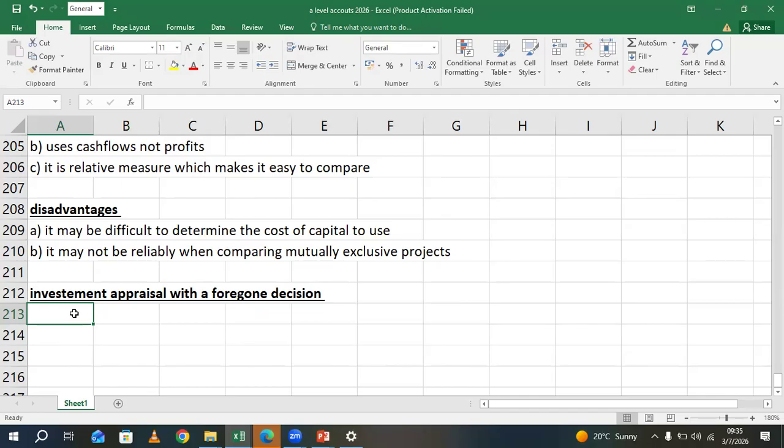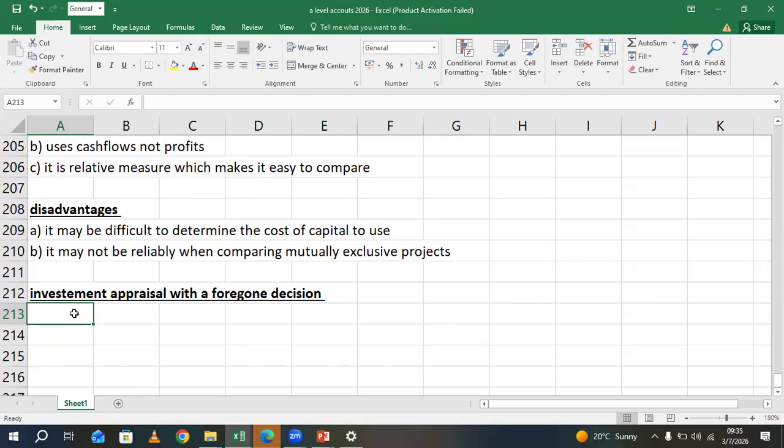So when we choose to buy our own property and stop renting, we are going to be saving the cost of rentals. When we choose to stop a certain activity that's consuming costs and go for another activity, the costs that we have saved are regarded as cash inflows.